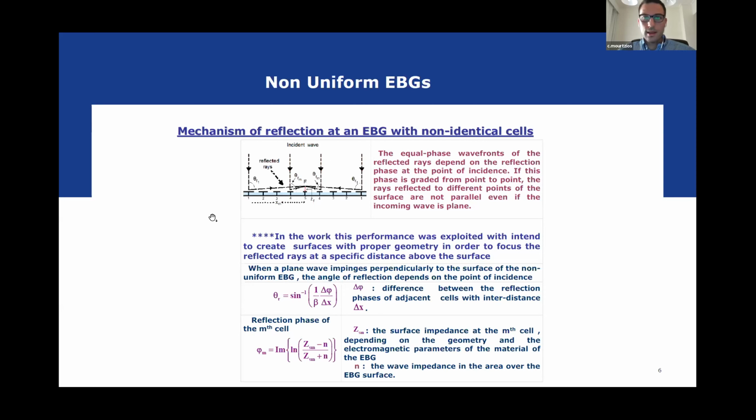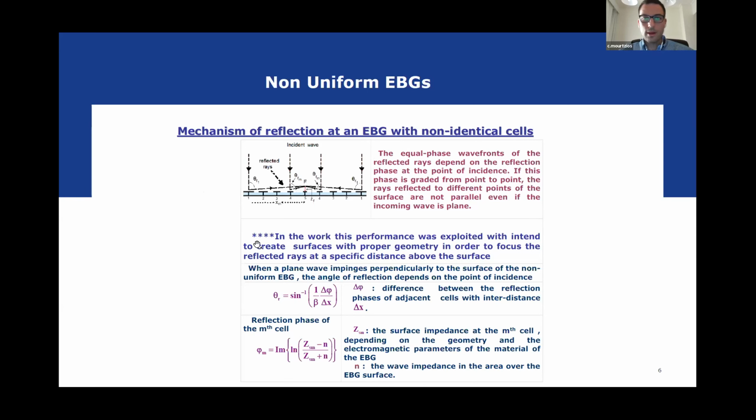In this study, we exploited this unique attribute to create surfaces with proper geometry in order to focus these reflected rays at a specific point F of a specific distance above the non-uniform EBG.